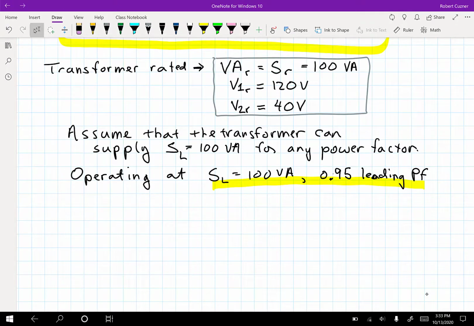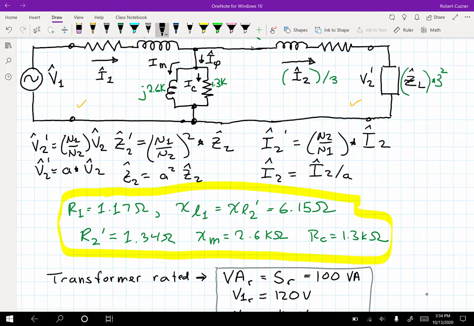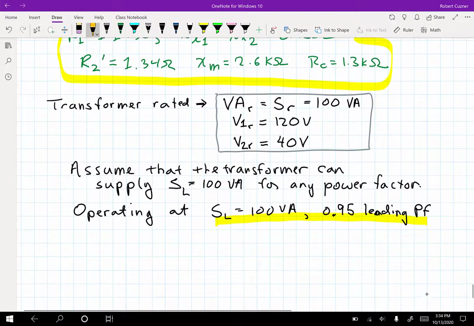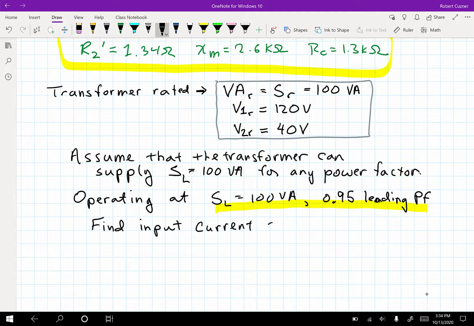The 3-page answer would say, well, I'm going to take this and I'm going to try to come up with the circuit elements for this impedance, and I'm going to use those. But here's another way to do it. What's being asked: find the input current and power factor.